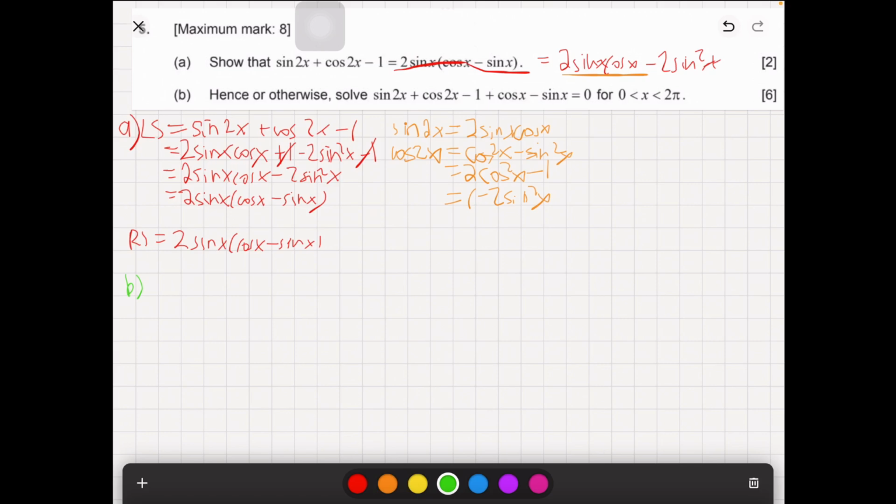So from the previous part, we know that sine 2x plus cos 2x minus 1 is equal to 2 sine x times (cos x minus sine x). And so we can basically just substitute that in.